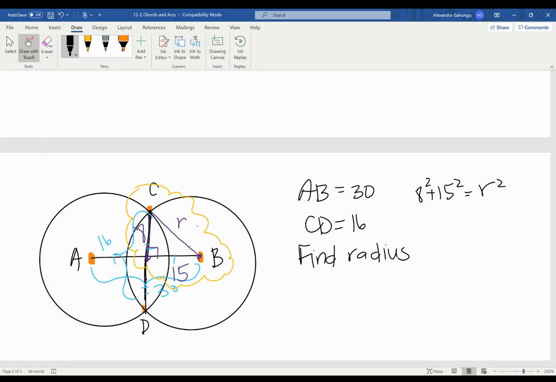If we don't know that this is a triple, we can do all the work. If we do know that it's a triple, we know that the radius is 17. So we have a lot of things being bisected in this last example, right?